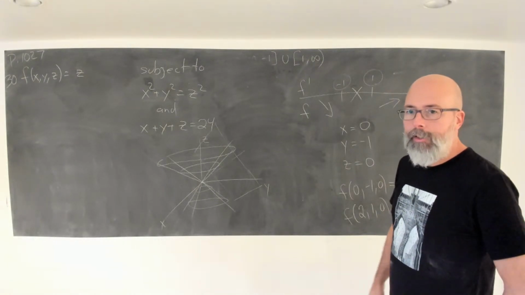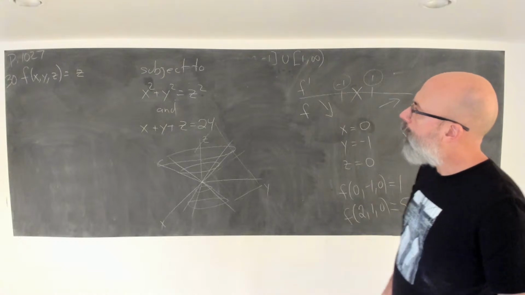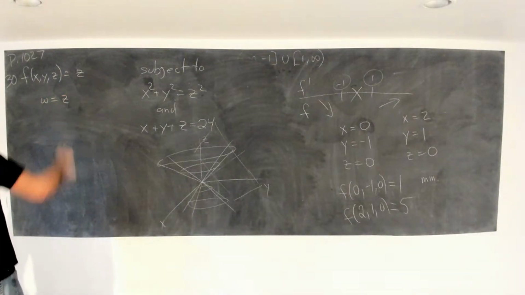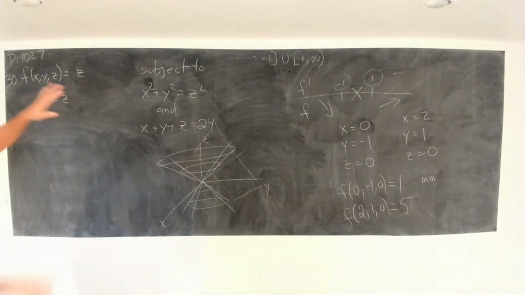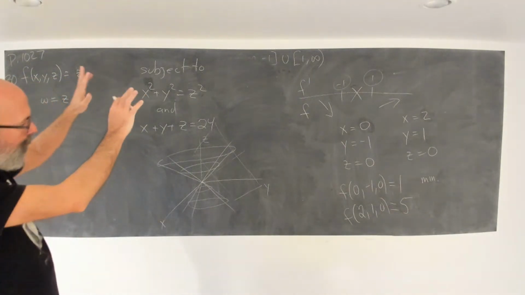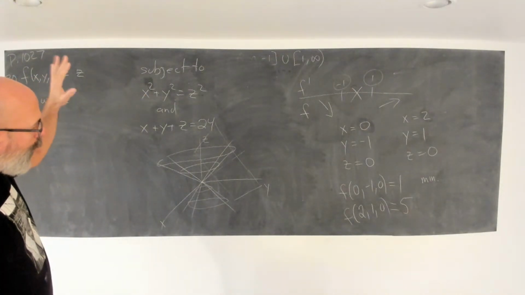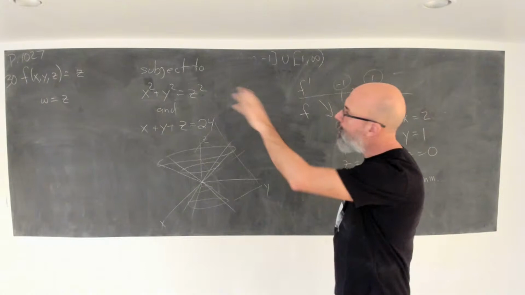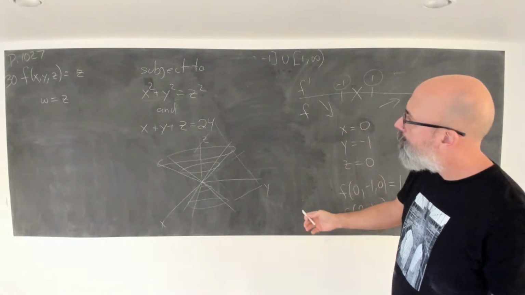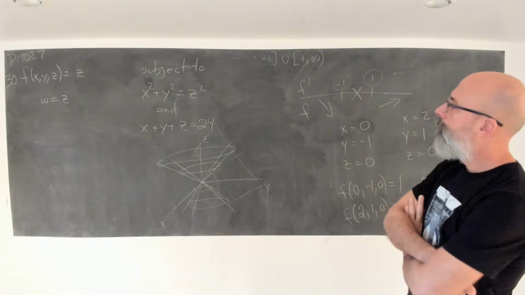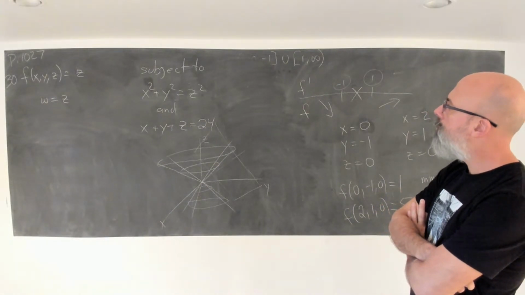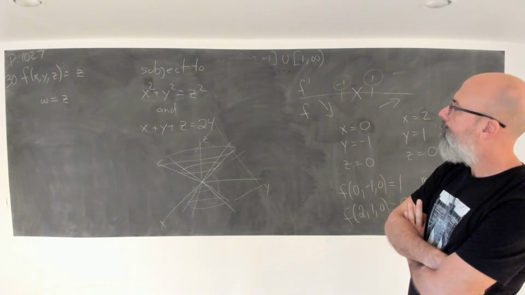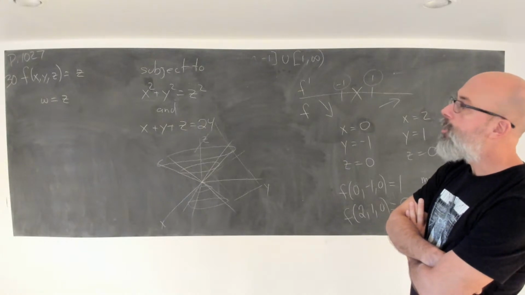What does the function f of x, y, z equal to z mean, right? So this means you have some function w equals z hovering above in a fourth dimension. And we're looking for the maximum value it achieves, and minimum, if these exist. So max and min if these exist. And let's think about that. Do we expect a maximum?